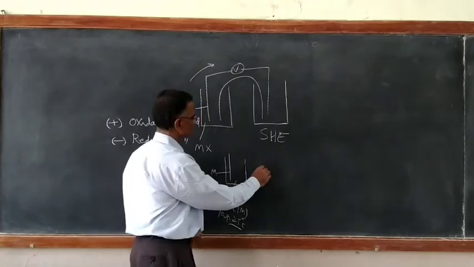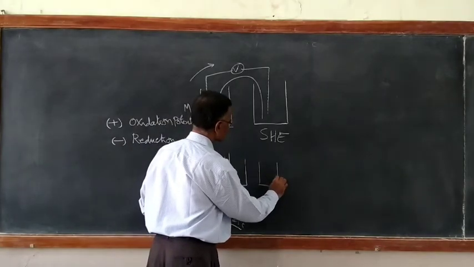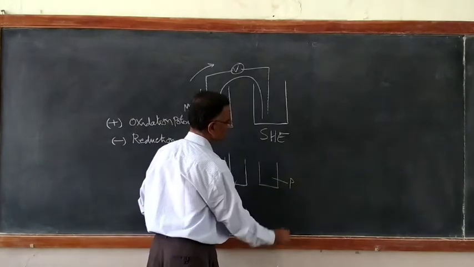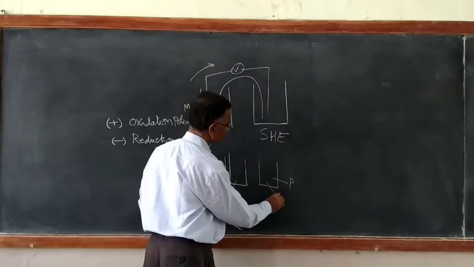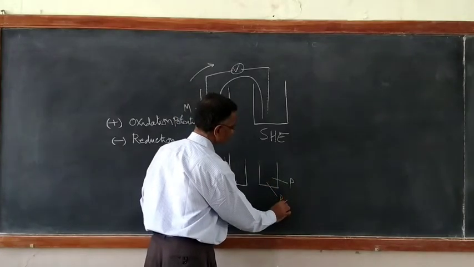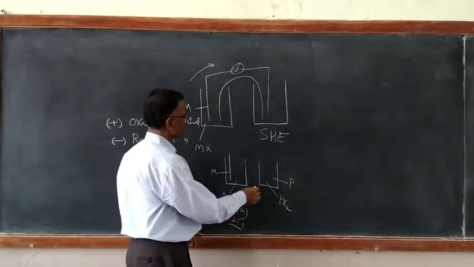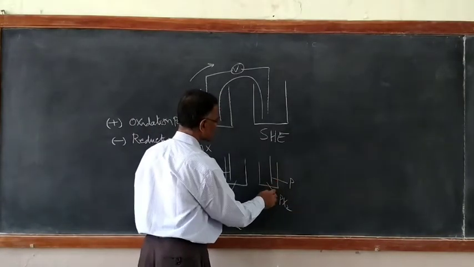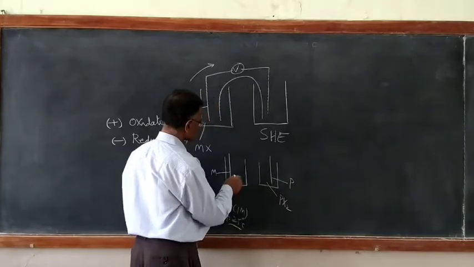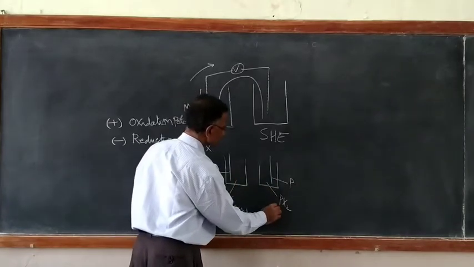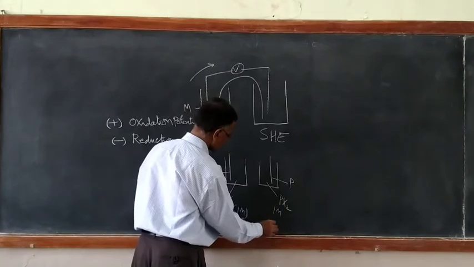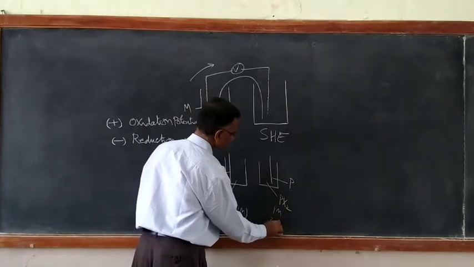The other metal P is in its salt solution PX2, also at 1 molar concentration and 25 degrees Celsius.